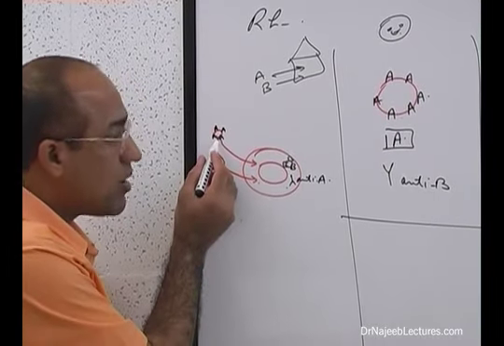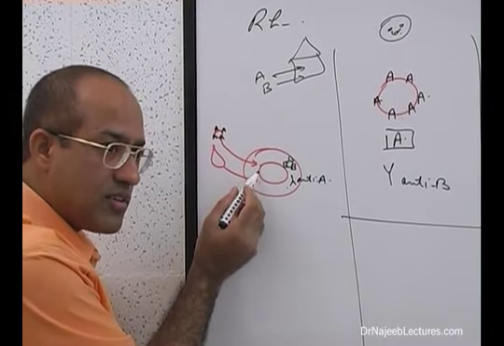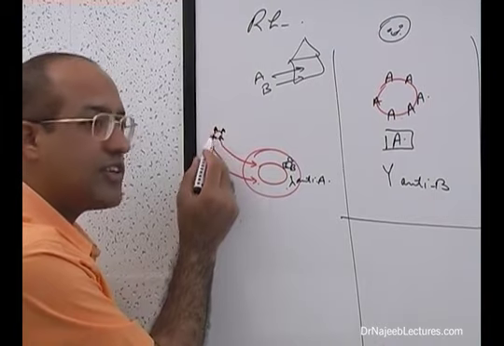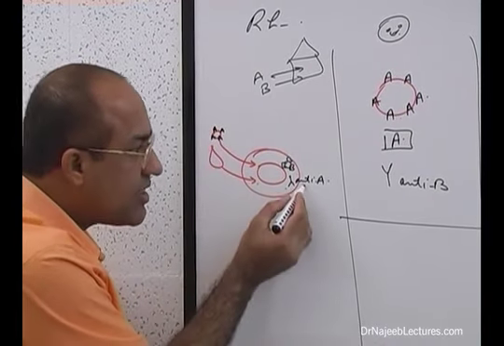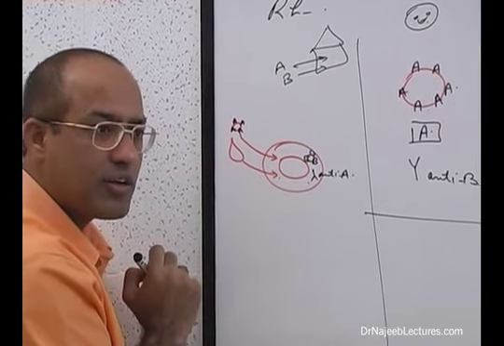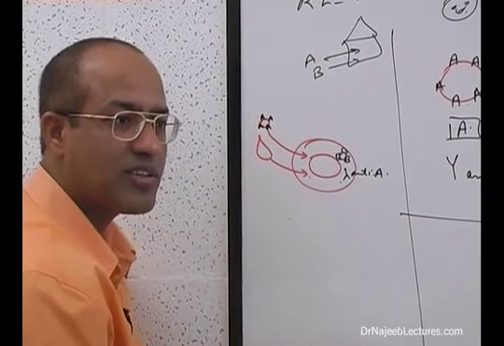And when you bring the donor RBCs, which have concentrated A antigens on the RBC membrane, anti-A will attack the donor RBCs and destroy them.